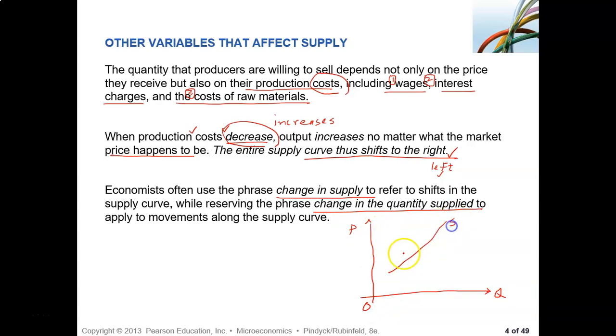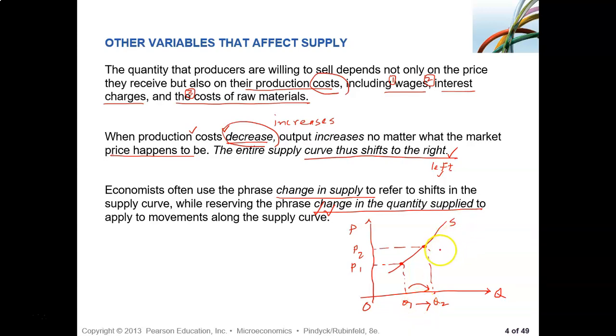If price increases, supply increases as a result: P1 to P2, price increases, and supply increases from Q1 to Q2. This we call a change in quantity supplied, because supply increases from Q1 to Q2 because of an increase in price.